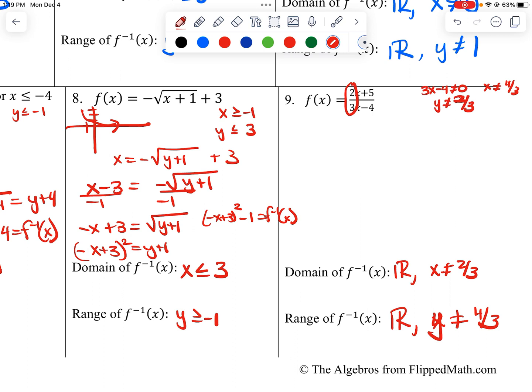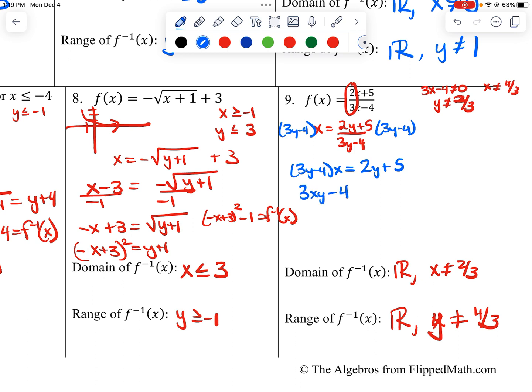So we're going to switch the x and the y. So x equals 2y plus 5 over 3y minus 4. So multiply by 3y minus 4. So now I have 3y minus 4 times x equals 2y plus 5. I'll distribute, so 3xy minus 4x equals 2y plus 5.